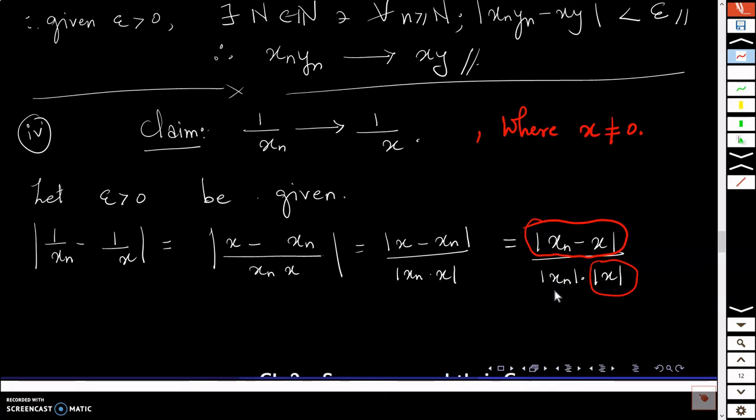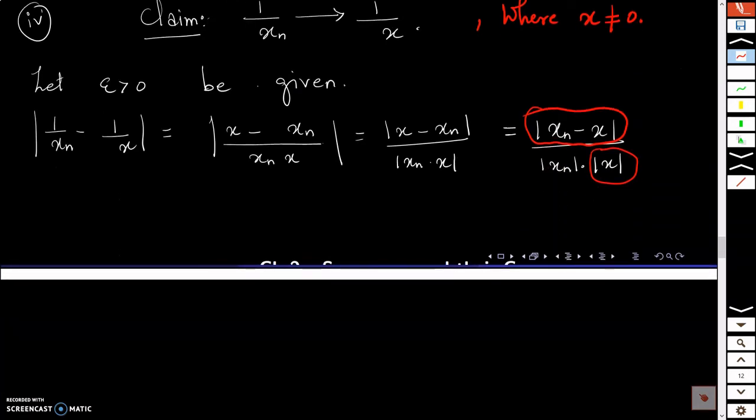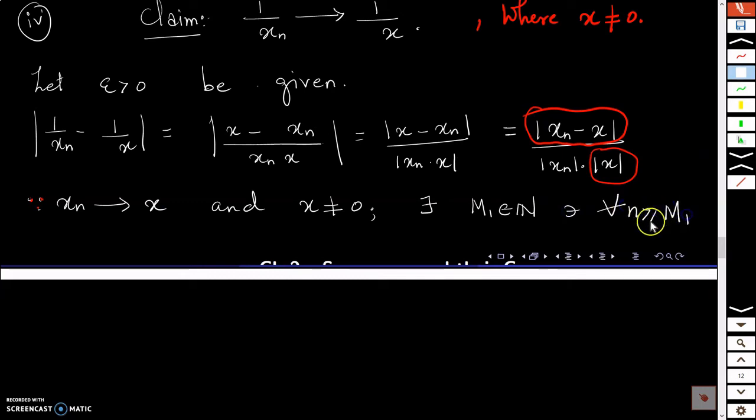Now, in one of the lectures earlier, I had done one result which said if xn converges to x and x is non-zero, then there exists a natural number, let me call it m1, such that for all n bigger than or equal to this m1, modulus of xn will be greater than mod x by 2.